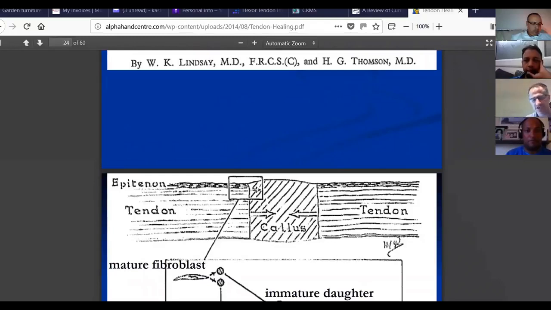Okay, so it's digital arteries. They can be repaired with 9-0, but you need a microscope, and again digital nerves are repaired with a 9-0 non-absorbable suture. Again, you need either loops or you need a microscope.